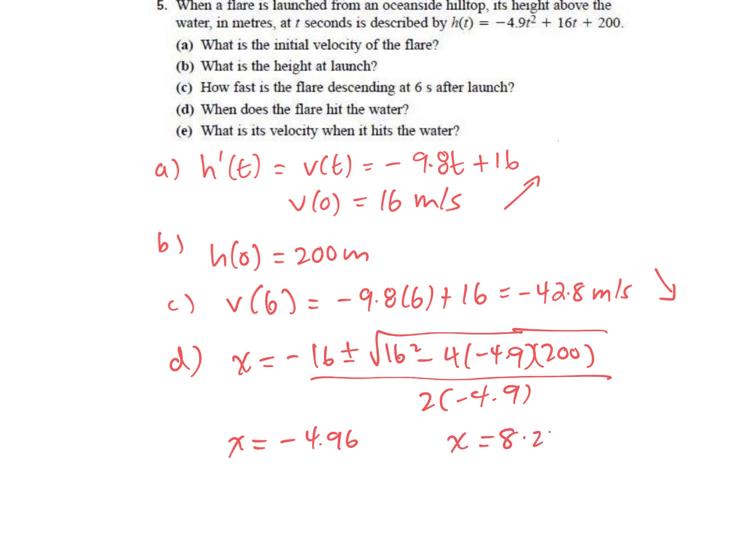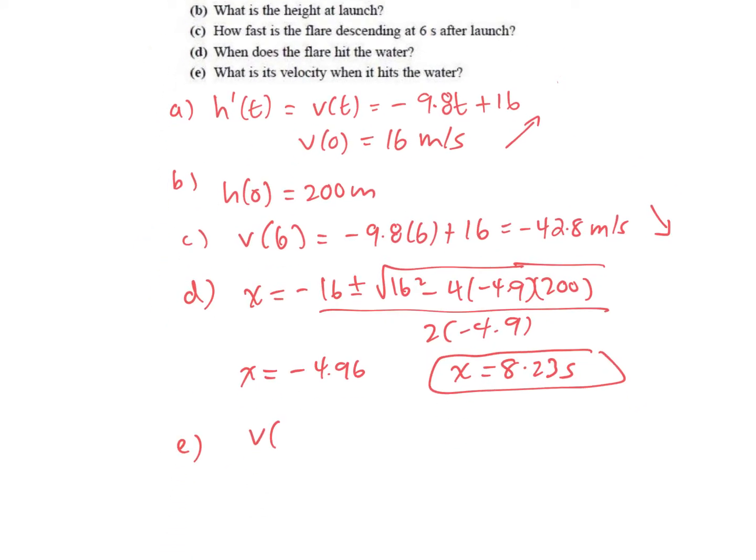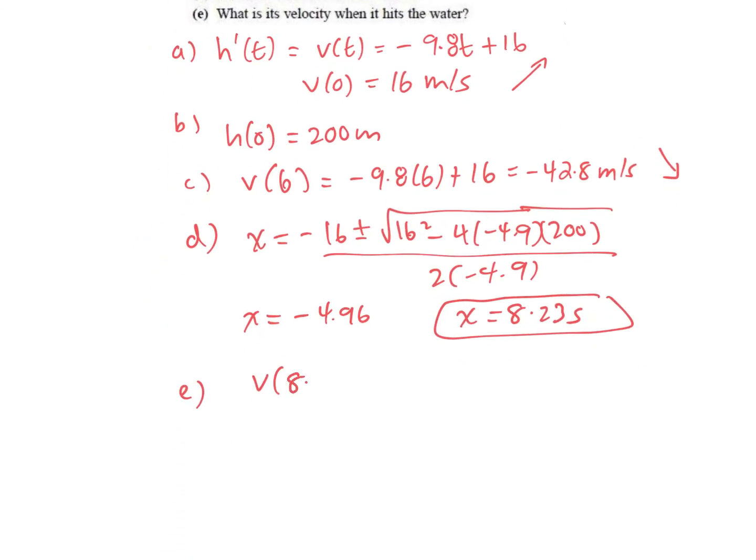And we get 8.23 seconds. So that's the time that it hits the water. And so we'll find the velocity at that time for part E. Part E says, what is the velocity when it hits the water? So we'll sub that into our equation, and we get minus 64.6 meters per second, again, which means it's traveling downward as it hits the water.